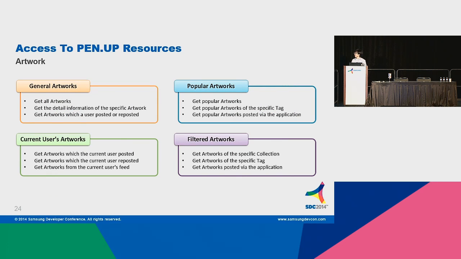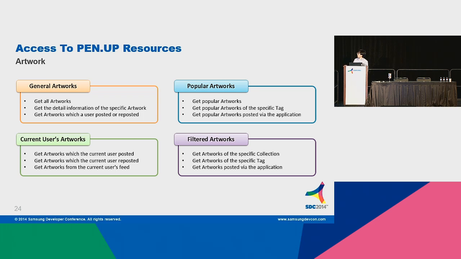And using PEN.UP SDK, your application can obtain information about PEN.UP resources. So PEN.UP SDK provides these functions for the artwork resource. The artwork resource contains the artist name, the artwork title, description, artwork URL, and so on.